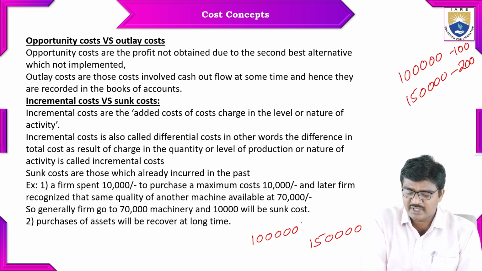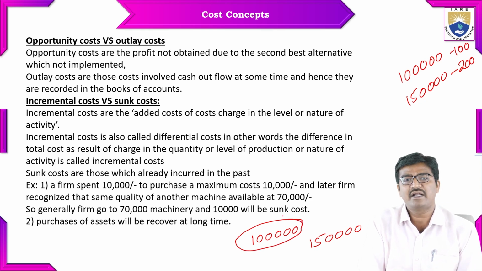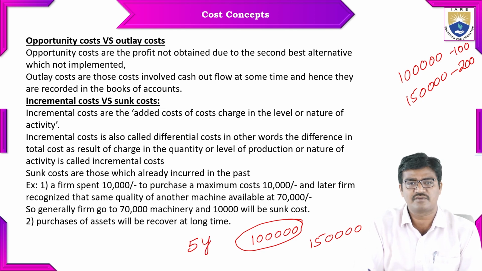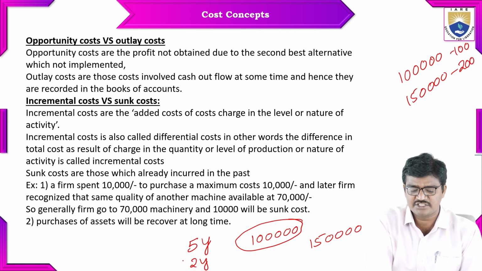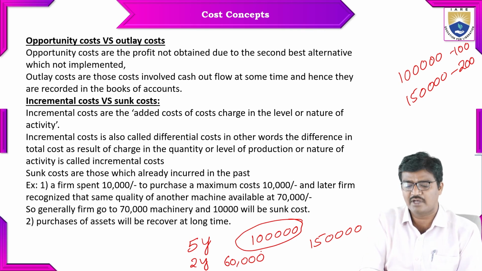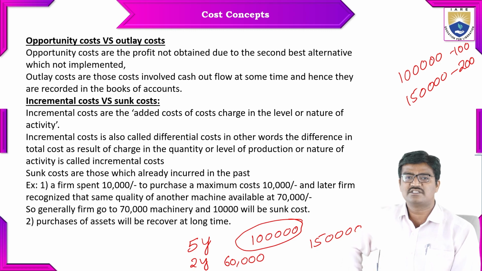And this particular machinery has a particular lifetime. For example, assume that it has 5 years of lifetime, and you have used it for 2 years. After 2 years, the value of this machinery is 60,000 rupees, meaning the 60,000 rupees is about to be recovered from the usage of this machinery.